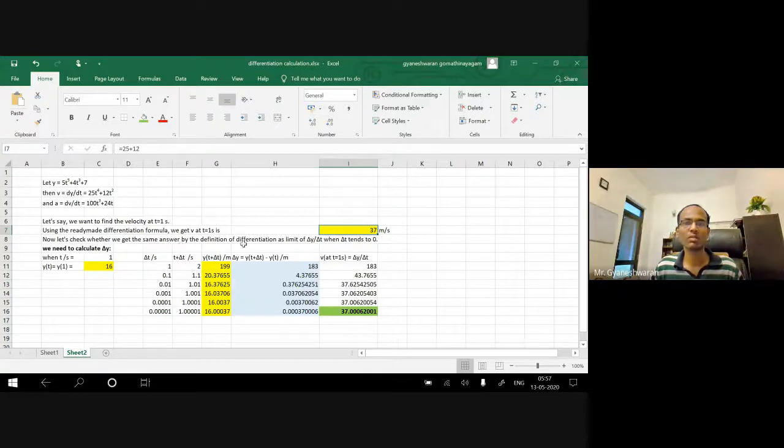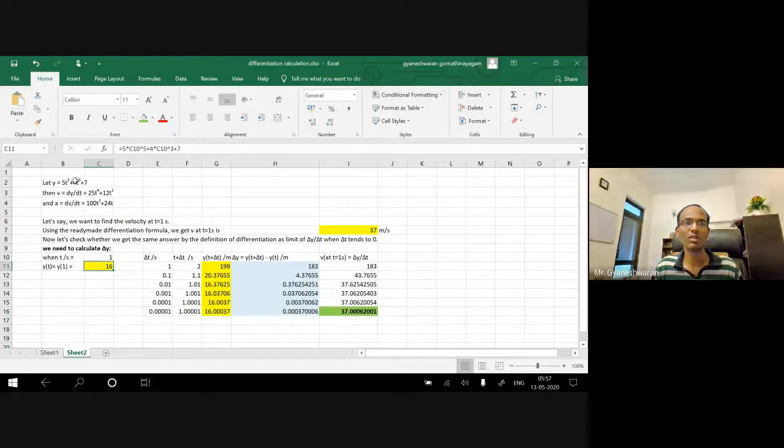Now to check whether we get the same result by the definition of delta y by delta t, where delta t tends to 0, let's do the calculation as follows. We are taking t to be 1 second. The displacement at t equal to 1 second is obtained by substituting into the function for y, which is 5 into t to the power 5 plus 4 into t to the power 3 plus 7.